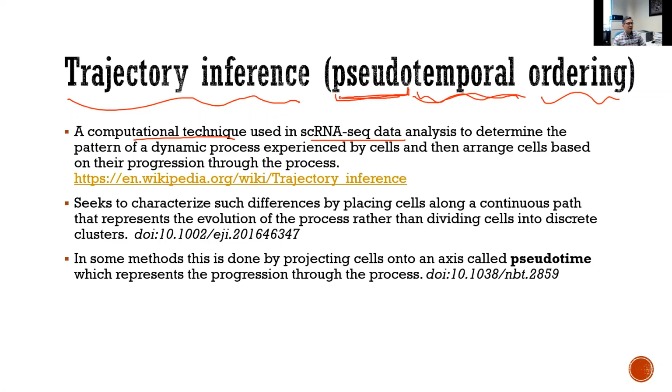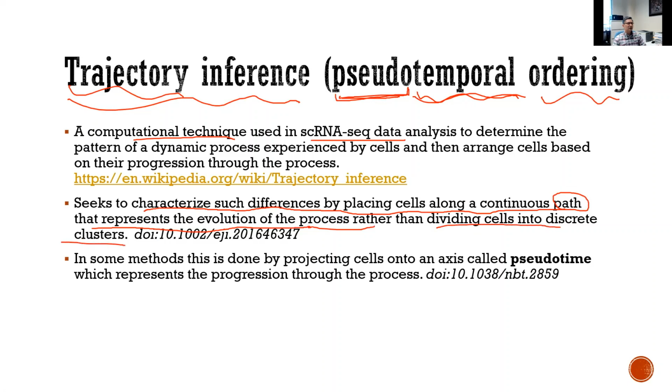The goal is to characterize the difference between cells by placing cells along a continuous path. So this path is the trajectory. This path represents the evolution of the differentiation process rather than dividing cells into discrete clusters.